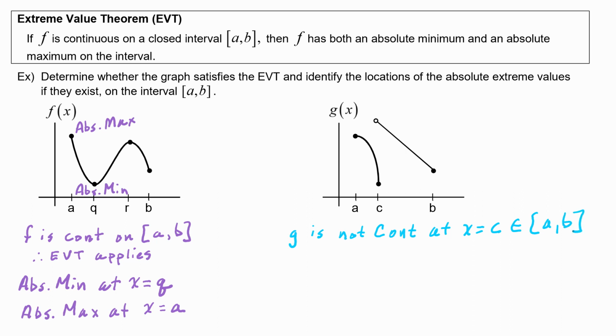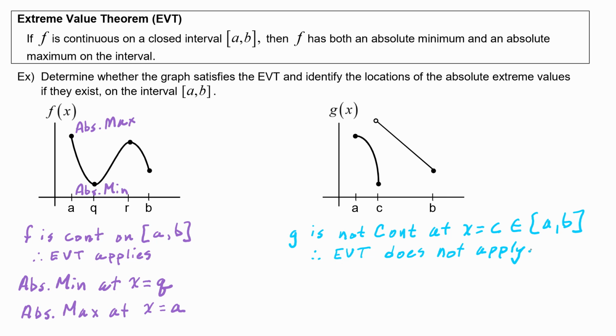So because g has a discontinuity on the interval, therefore the EVT does not apply. Now that doesn't mean we can't have a min and a max. It just means the min and the max are not guaranteed.